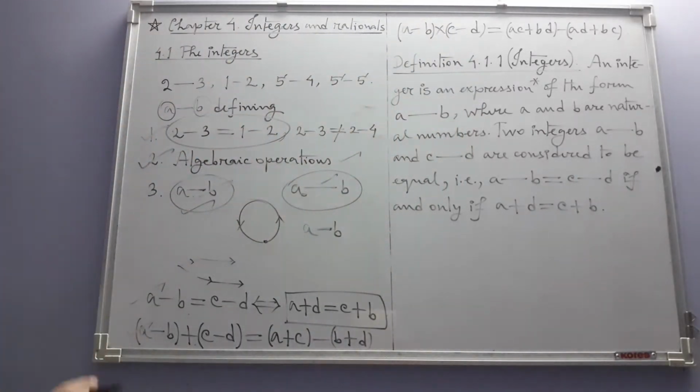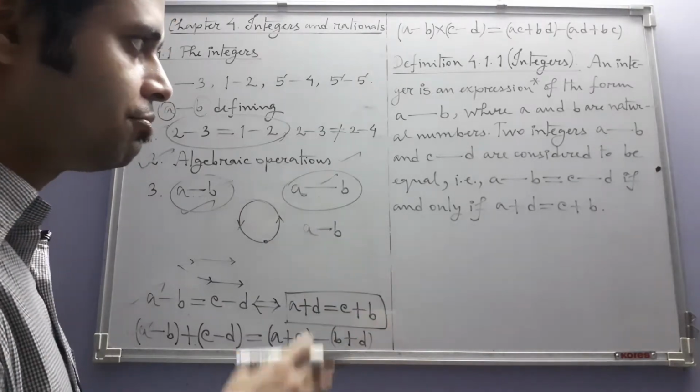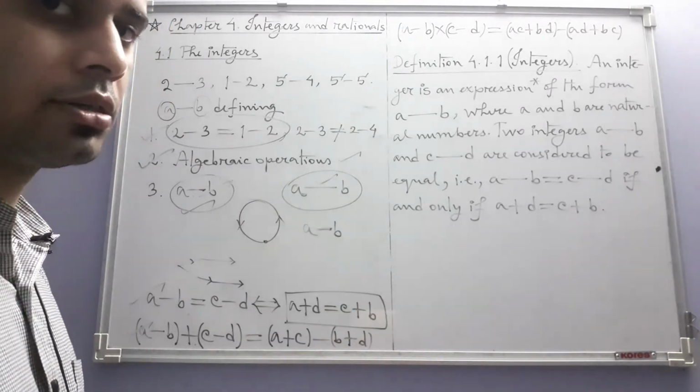So not only have we defined what integers are, but we have also defined when two integers are considered to be equal.